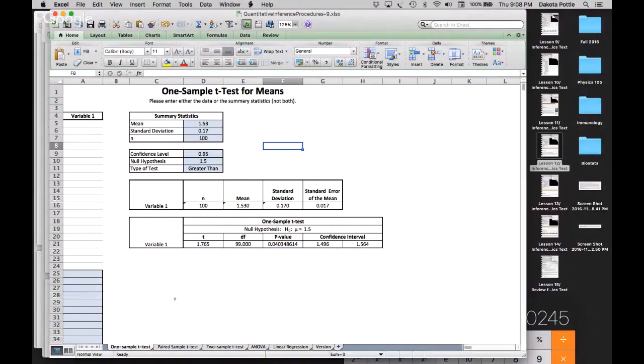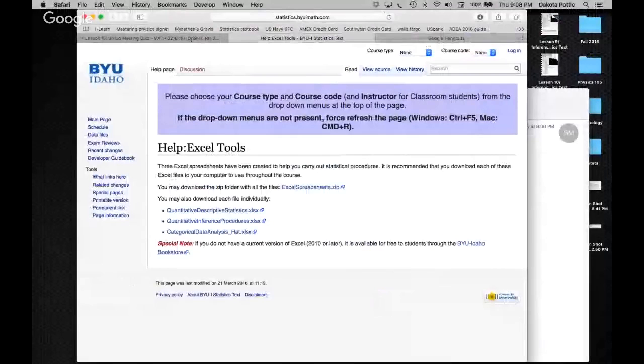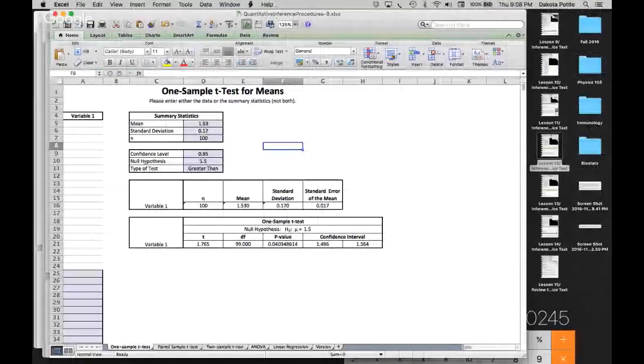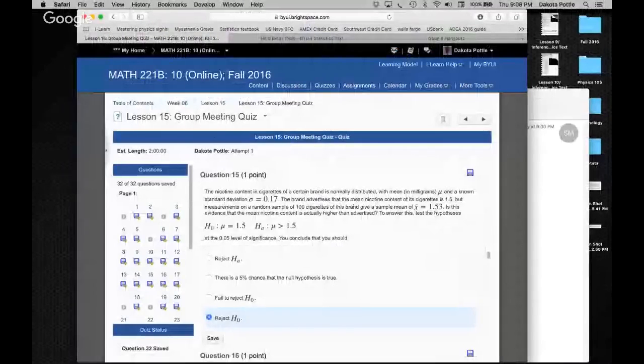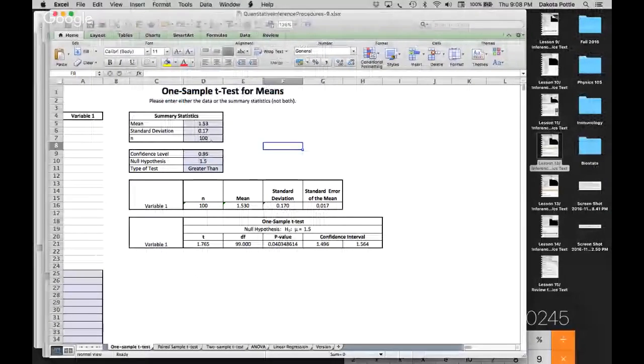I'm just opening it real quick just to look at it. Basically, all I did for this question, question 15, is I plugged in all of these variables. So I know that standard deviation, plug that in to the summary statistic. 100 cigarettes, that was the sample size, so I put that in right there.